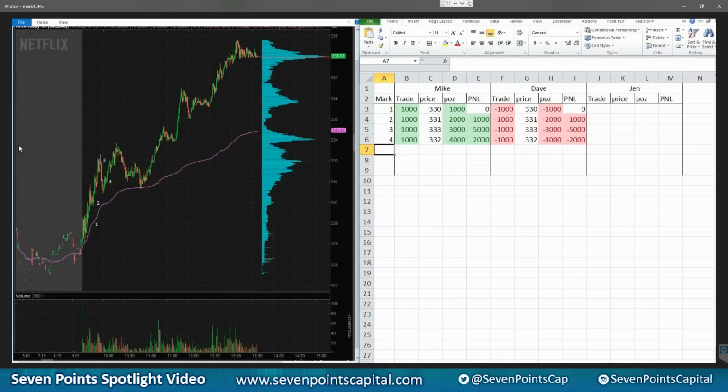Now, spot 4. We could see on the chart that we had a pullback here at 332, right? At 332, Dave was saying, okay, you know what? Not only do I want to sell it at 333, I'm going to push the price down and try to put some fear into Mike and sell it to him at 332.